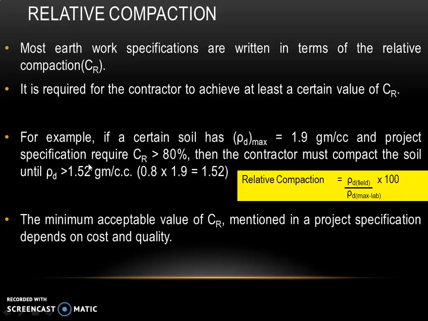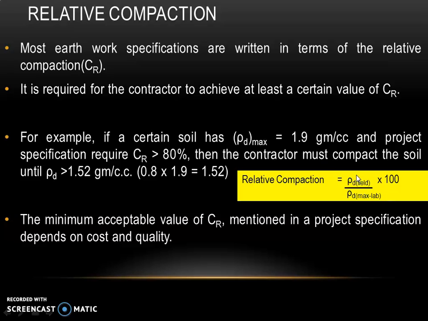Now the question is, how do we obtain this value 1.52? By definition, we know that relative compaction is the ratio of dry density of soil in field to maximum dry density which we obtain from lab test. Here relative compaction is given as 80%, so 0.8 is equal to rho D field divided by rho D max lab, which is 1.9.